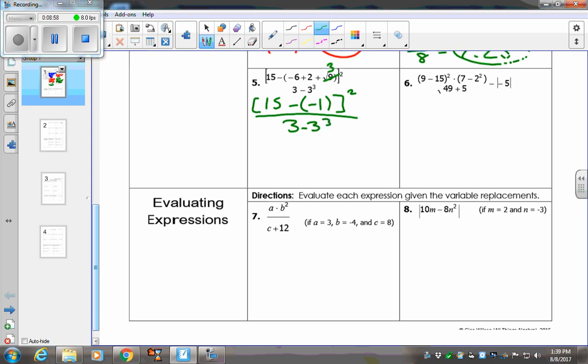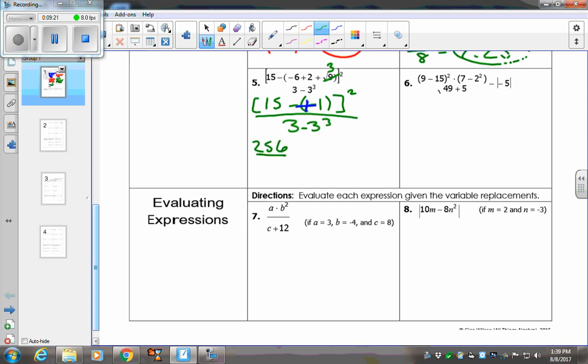What happens right here? It becomes a positive. Alright, so what is 15 plus 1? 16. Using a calculator, what is 16 squared? 256.